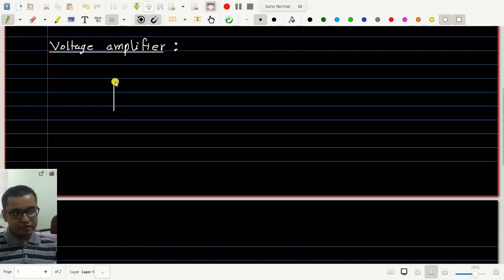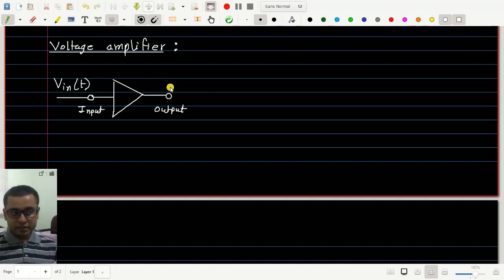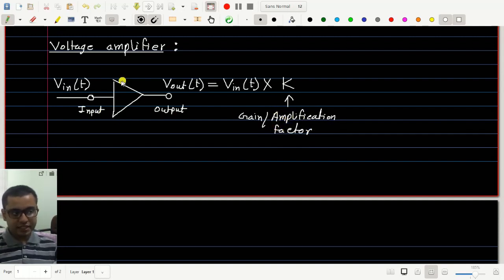A voltage amplifier, which we will denote with a triangle like this, is itself an electronic equipment which has one input terminal and one output terminal, such that if you apply a voltage to the input, call it V in t, then this amplifier will produce an output voltage V out t, which will be equal to the input voltage multiplied with some constant K, and this constant K is called the gain or amplification factor of this amplifier.